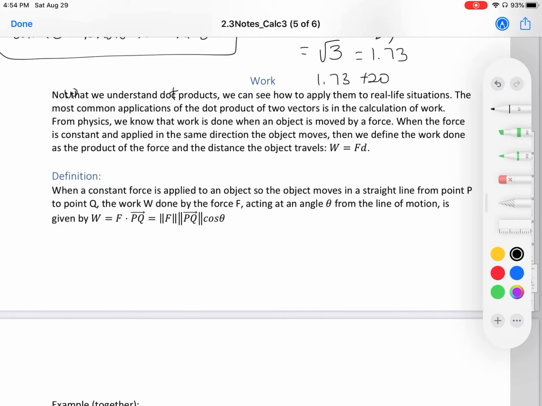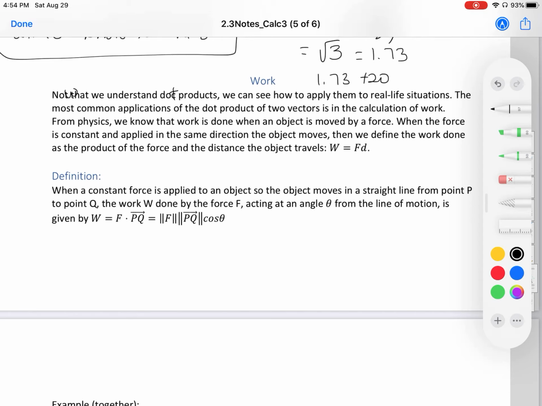When the force is constant and applied in the same direction the object moves, then we define the work done as the product of the force and the distance the object travels. So W equals F times D. So we have a new definition.